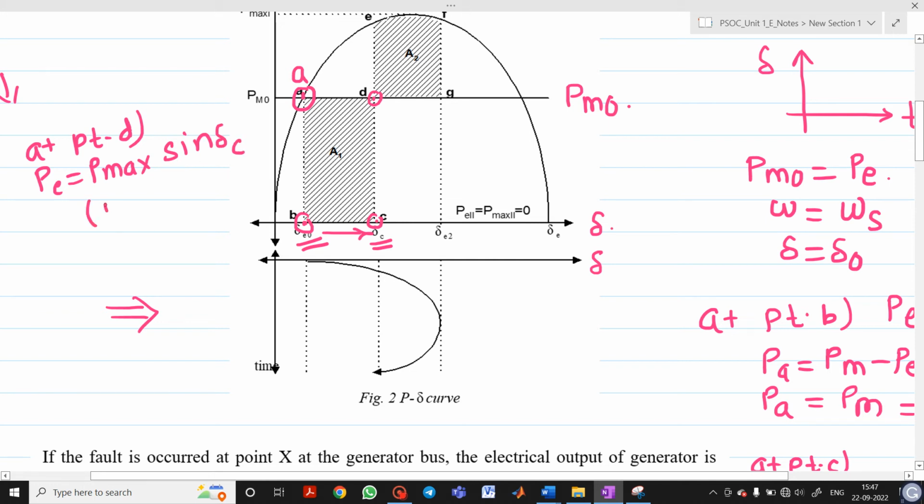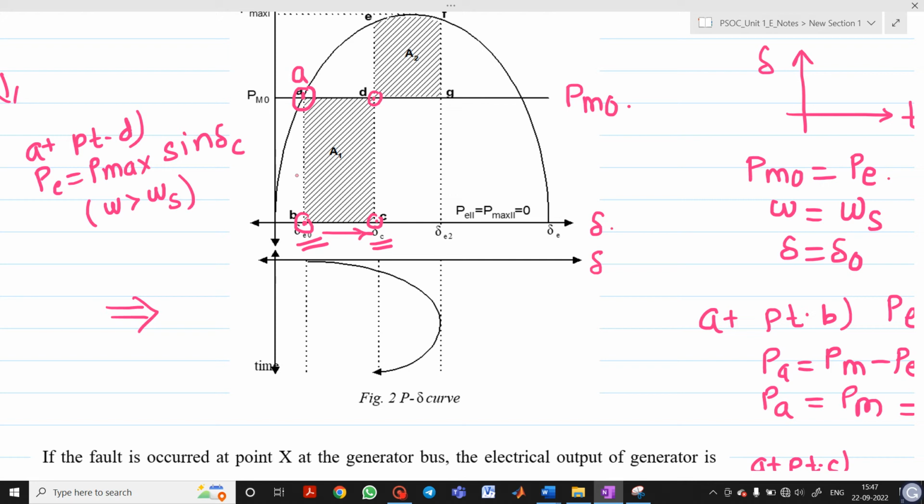But here, what is the speed of the rotor? Still the speed of the rotor is greater than synchronous speed. Why? Because when your electrical characteristic shifts from point A to point B, there will not be any electrical power. At point B, PE will be 0. So we have only accelerating power equal to mechanical power, which is more positive. A large amount of acceleration will be there.